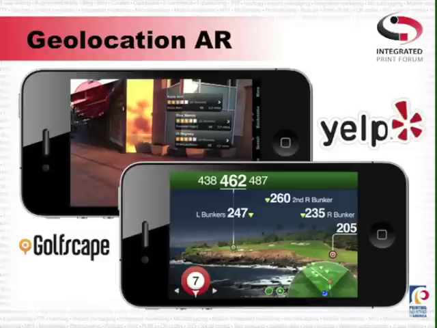And so if I'm in a city I'm not familiar with and I'm looking for local restaurants, I can turn on this monocle feature. It'll say, do you want to use your current location? Yes, I do. And then I'll hold the phone up, and these bubbles will pop up, it'll show me where the restaurants are and how they're rated, and it points me in the direction of where the restaurant is. So you hold your phone up, you look like an idiot walking around trying to find the restaurant, but that's how it works.